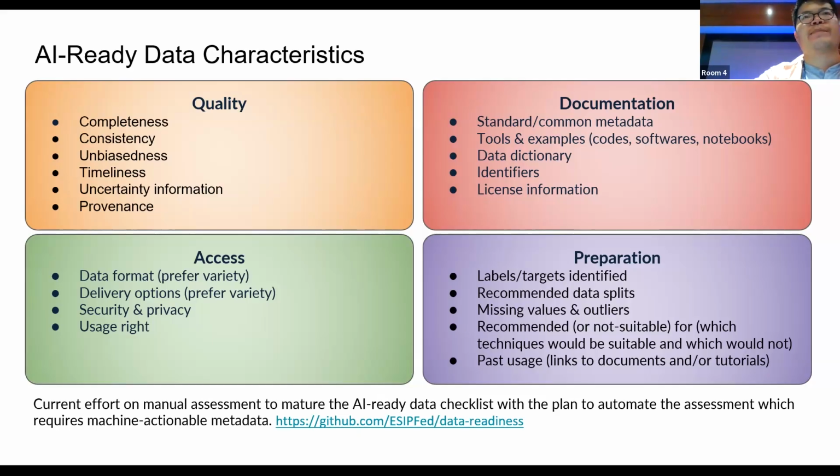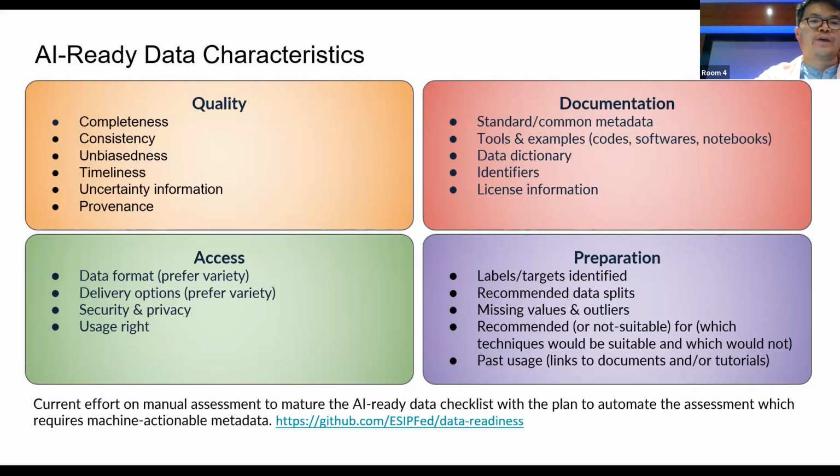More commonly, people are including notebook examples of how to use those data sets for AI and machine learning application development. Also the data dictionary, identifiers, and license information about the data, and whether and who can use the data for AI and machine learning applications.